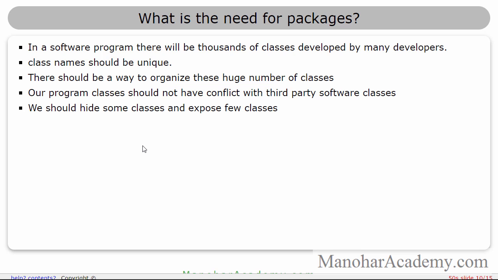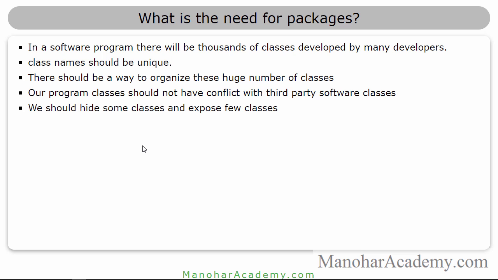So they all need to come up with unique names because the class names should be unique. Otherwise, there are going to be name clashes, and when they are trying to integrate at the end of the development, they won't be able to, because let's say you have created a table called transaction and another developer also created a table called transaction. So when you are integrating your code, there will be ambiguity. We don't know which class we should use.